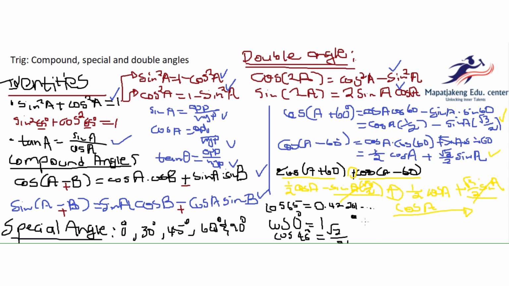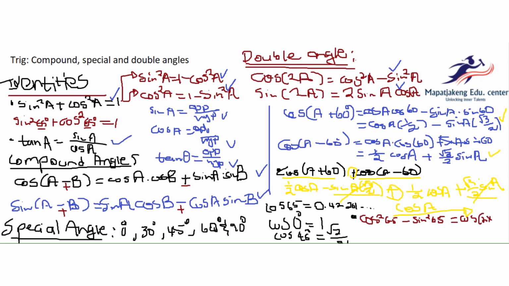If we have cos squared 65 minus sine squared 65, does this look familiar? Yes, it looks familiar. Look at this, cos squared A minus sine squared A is this one. Then we can simply reverse it and say this is the same as cos(2 times A).